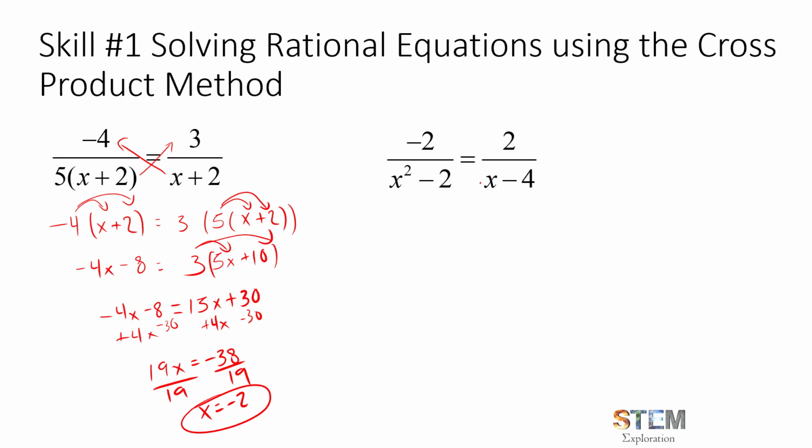Now again, we'll apply the same scenario here. So really the idea when we're doing cross multiplication, you can just simply do it like that, but really what you're doing is you're going x squared minus 2 times x minus 4. And we're doing the same thing to both sides. And again, I'm just showing you this from the theoretical perspective of how this works.